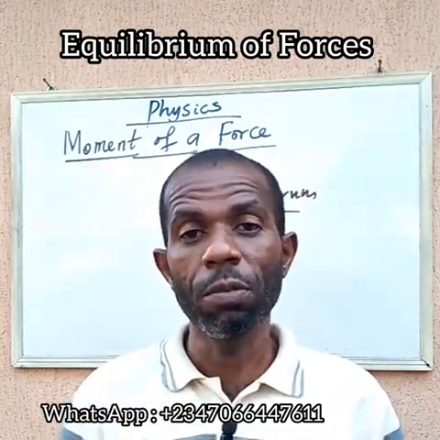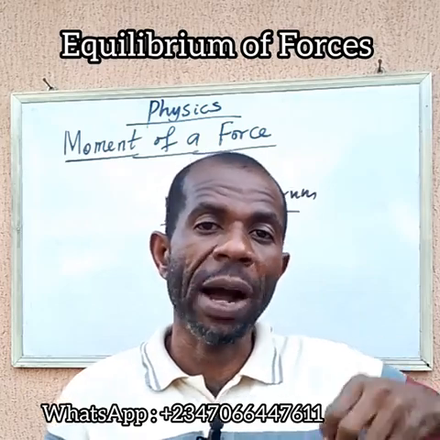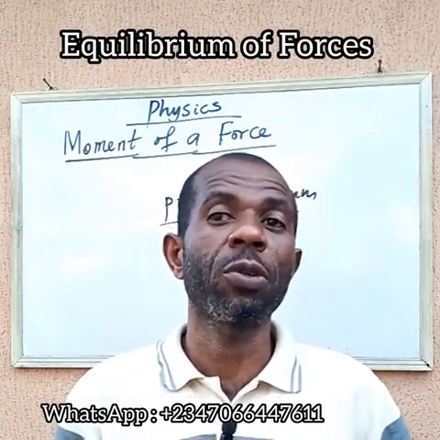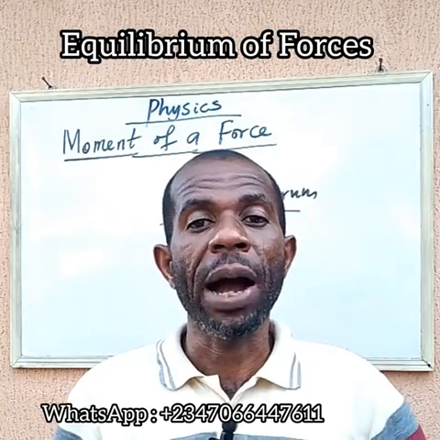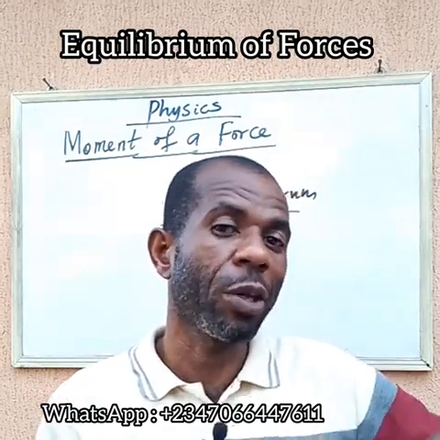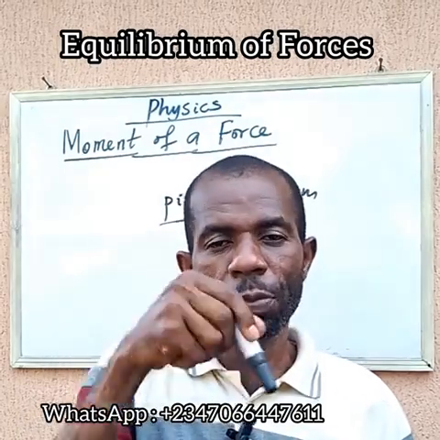So therefore, moment is the turning effect of a force about a point. Or simply put, the moment of a force about a point is the turning effect of that force about that point.